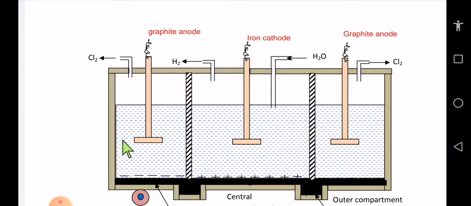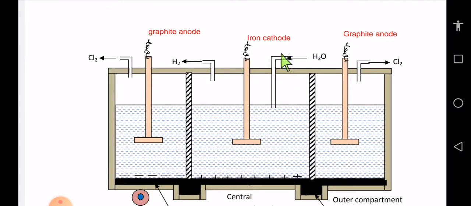Outer compartments contain saturated brine solution and graphite anode, while the central compartment initially contains water.